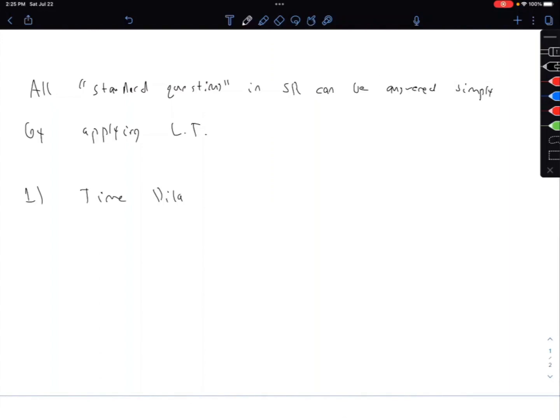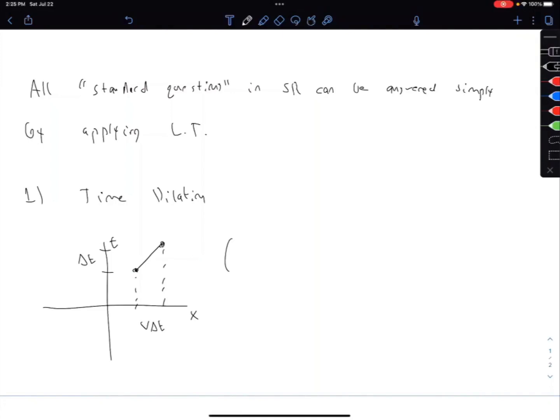So we have time dilation. So if this is t and x, and I have a clock that's moving along this path, right? And so this separation is delta t, and this separation is going to be v delta t, right? Because it's moving at a velocity v. So this is described by some 4-vector (delta t, v delta t).